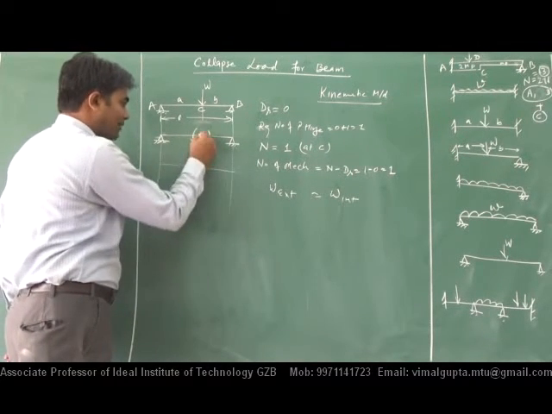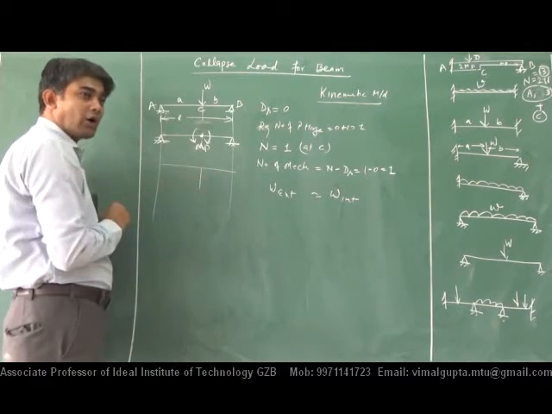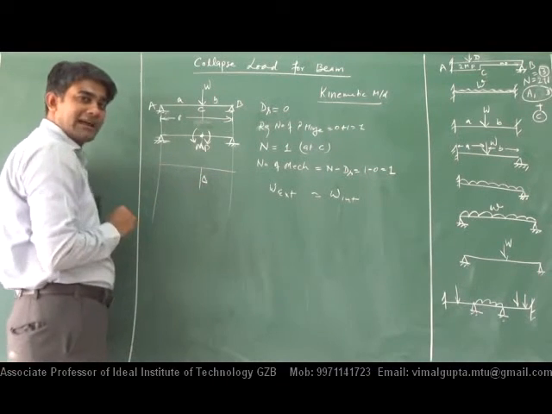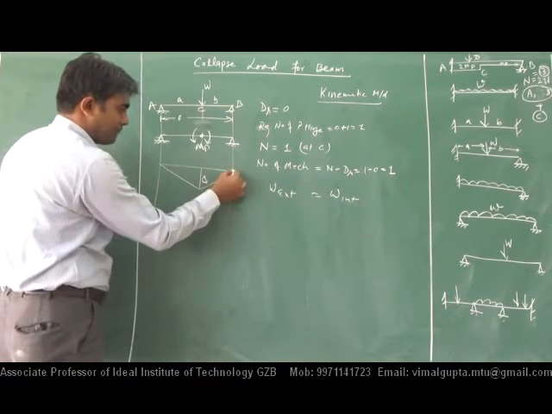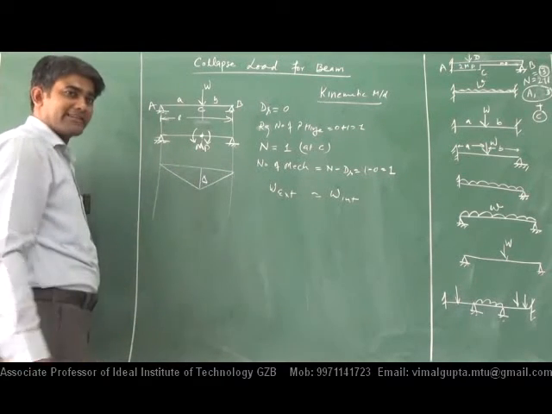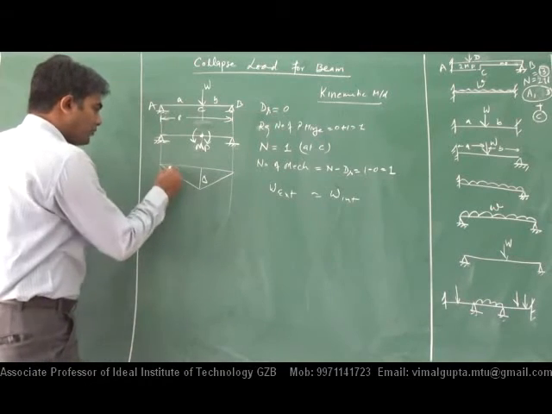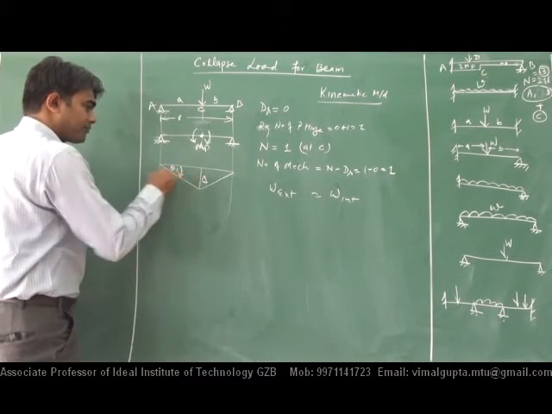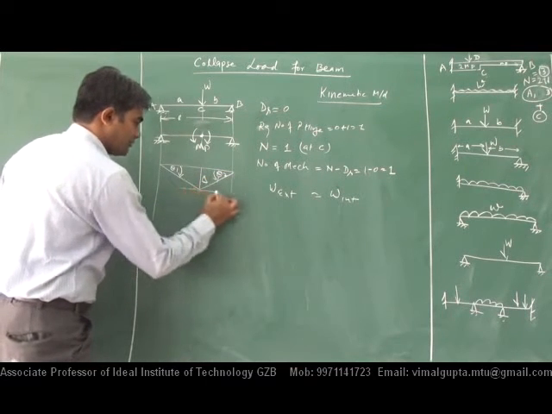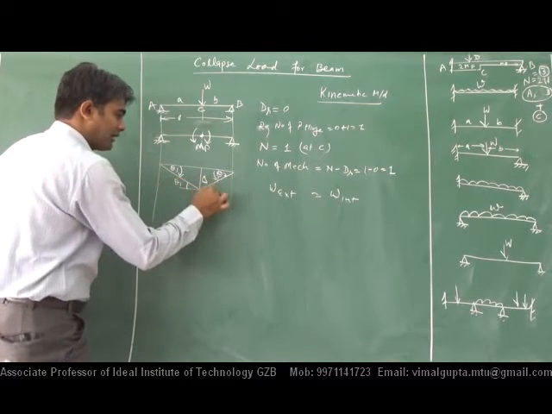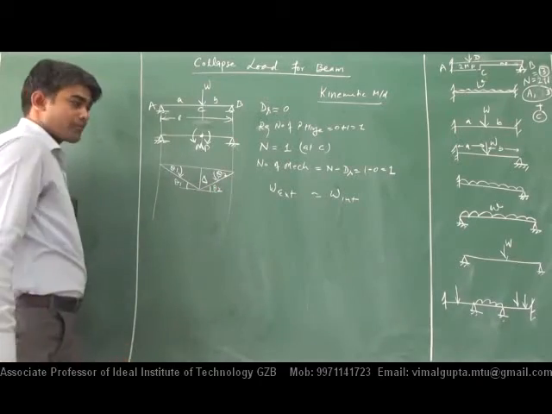That point will go downward. Suppose that deformation is delta. Its shape will be this, and that is the deflected shape. Suppose the rotation is theta 1 on one side and theta 2 on the other side.